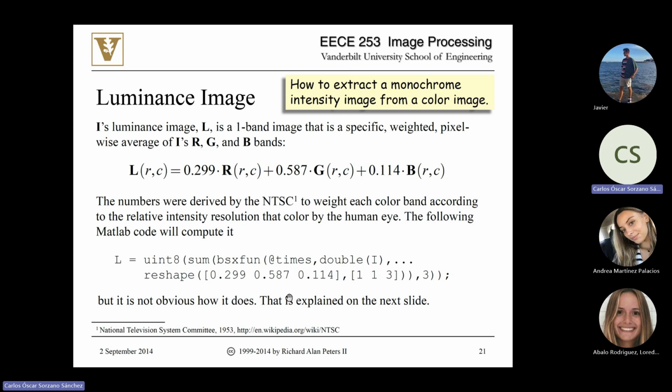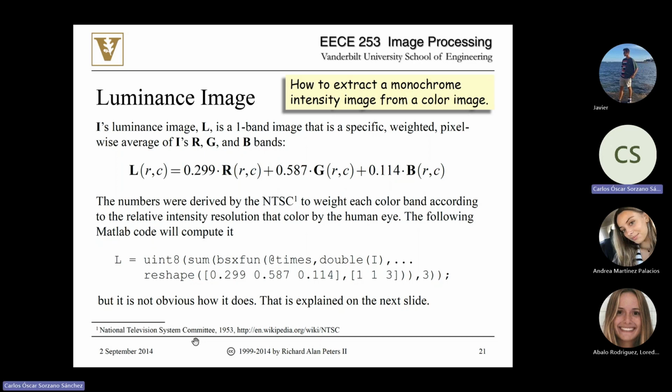And these weights were the ones used in the NTSC system, the National Television System Committee. So they got together, but now you have digital TV. Before digital, that was analog TV. And before the color TV, there was monochrome analog.